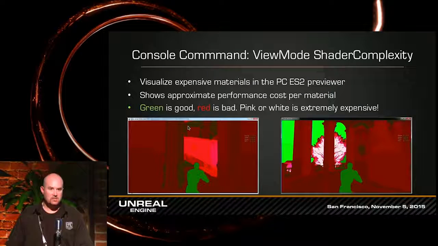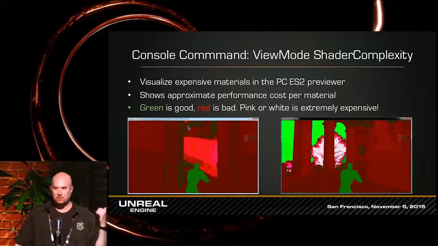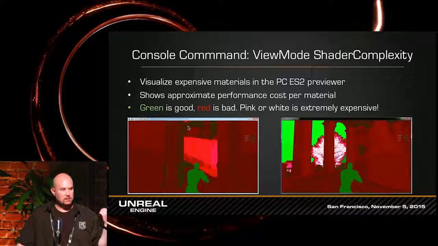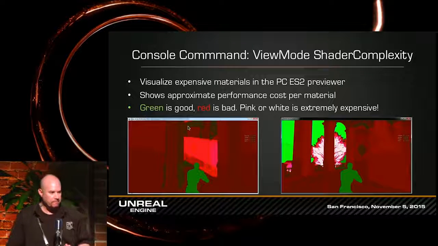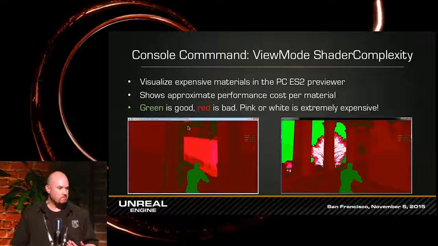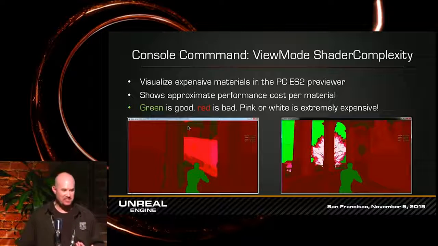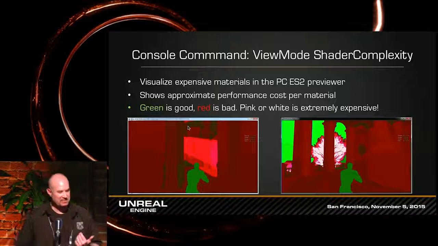So we go on to the GPU. You saw something similar like this, with different colors, where green was fine, red was bad, and purple or white was really bad. It's an approximation. It basically just counts the number of instructions in the pixel shader. It may even count D3D instructions, even in the ES2 preview, where I don't remember exactly.